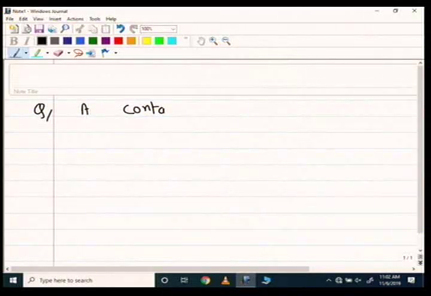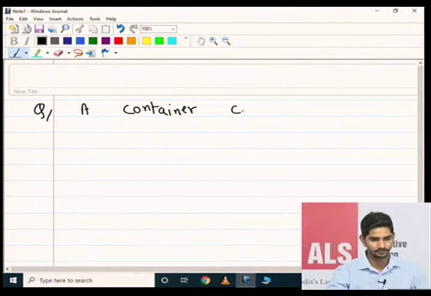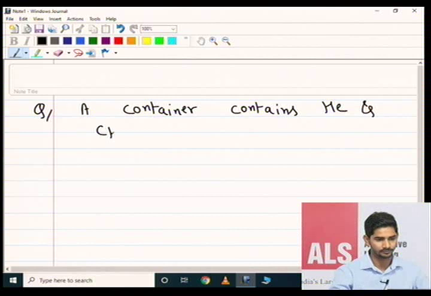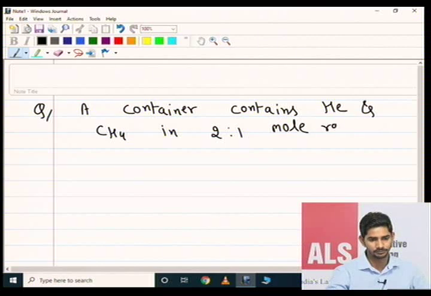A container contains helium and methane in 2:1 mole ratio.